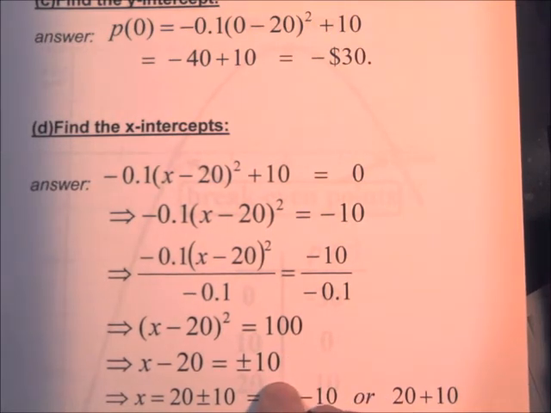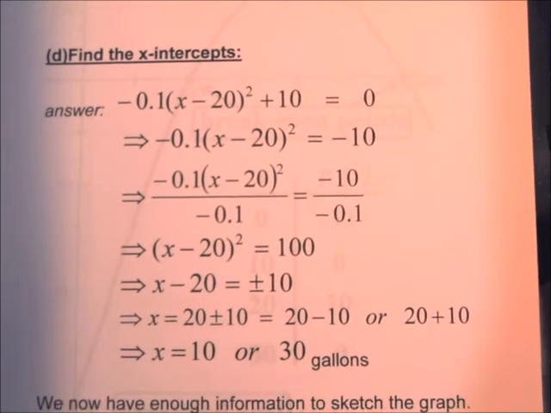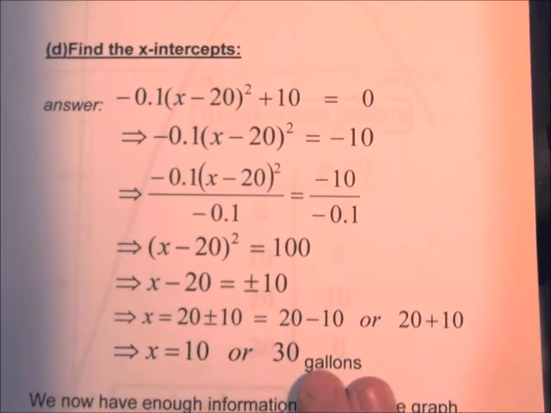Take the square root of both sides. 100 has two square roots, plus or minus 10. Add 20 to both sides, so x = 20 plus or minus 10. And then split up the plus or minus. x is 20 minus 10, which is 10, or 20 plus 10, which is 30. So the x-intercepts are either 10 or 30 gallons of paint.